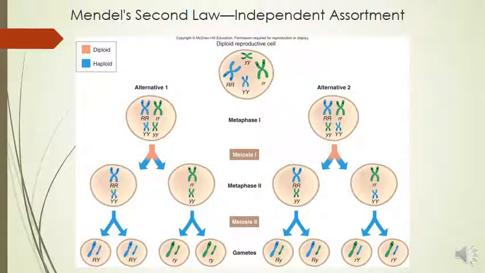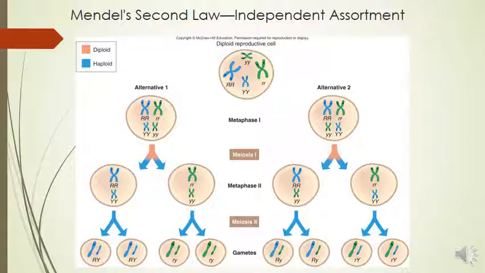If we look at this slide on Mendel's second law, independent assortment, we see that the independent assortment of genes carried on different chromosomes results from the random alignment of chromosome pairs during metaphase of meiosis I. An individual of genotype uppercase R, lowercase r, uppercase Y, lowercase y, for example, manufactures 4 types of gametes containing the dominant alleles of both genes, the recessive alleles of both genes, and a dominant allele of one with a recessive allele of the other.